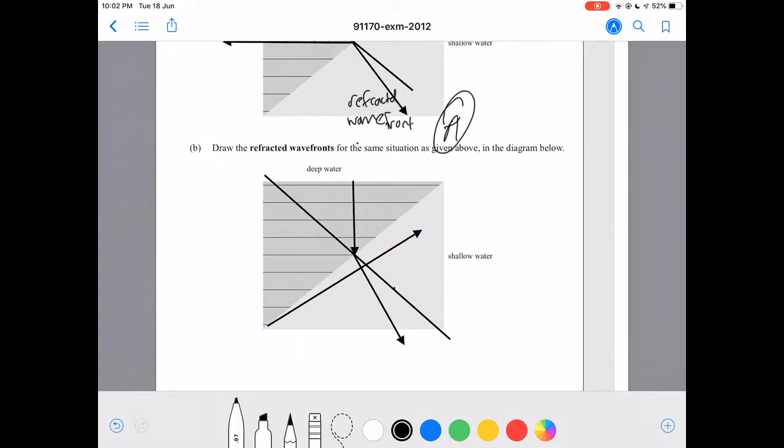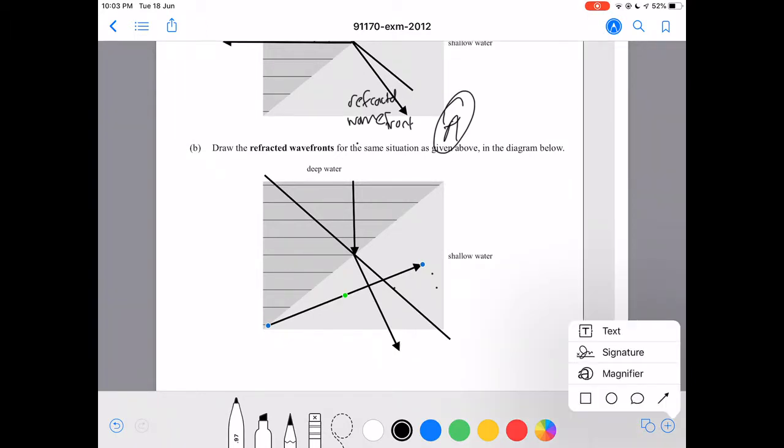This is a bit hard to draw, so I'm going to move this a little bit to make it easier. This is the part where you have to play around with your ruler to make it not too hard to draw out. Yeah, that works. So that's our refracted wave fronts.